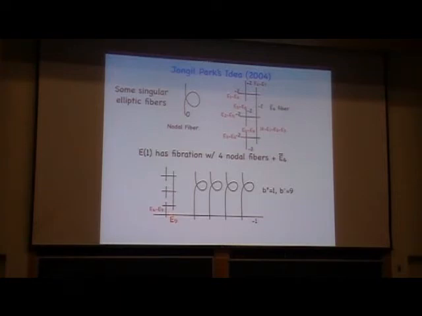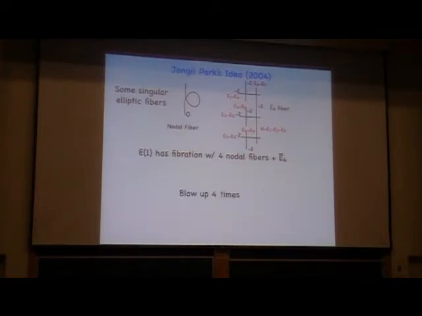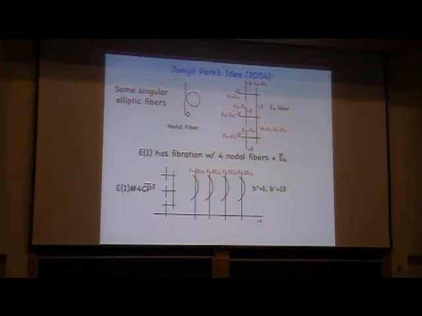And that's the curve of self-intersection minus 1 there. And E1 has b plus equals 1 and b minus equals 9. And now what you want to do is blow up 4 times at the points where the nodal fibers have their double points. And so now we have 4 pictures. Those 4 curves whose names I've labeled in red all have self-intersection minus 4, just like before. And now we have E1 blown up 4 times. So now b minus is equal to 13.